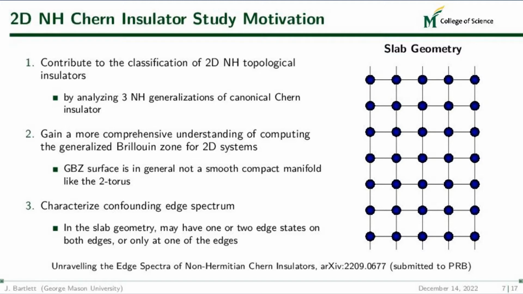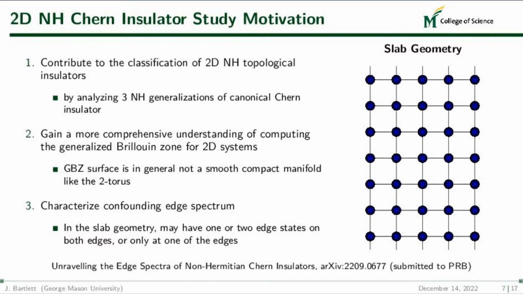So you have edges on the left and the right-hand side of the lattice, and it's infinite in the y direction. Some of the motivations behind this research are, first, just to overall contribute to classifications of these non-Hermitian topological insulators. So we looked at 3 different ways of introducing non-Hermitian components to a Hermitian Chern insulator.